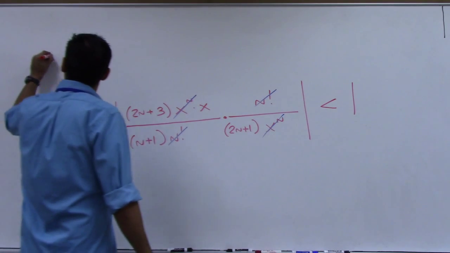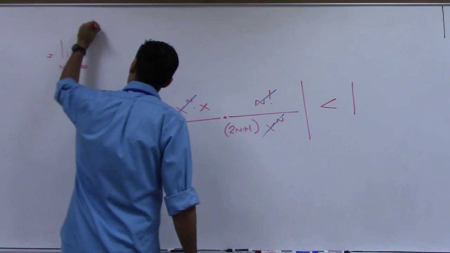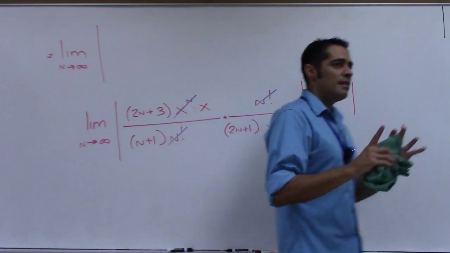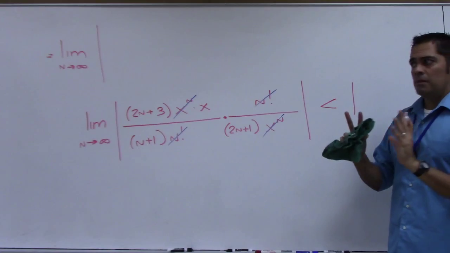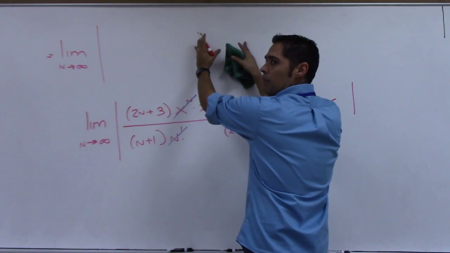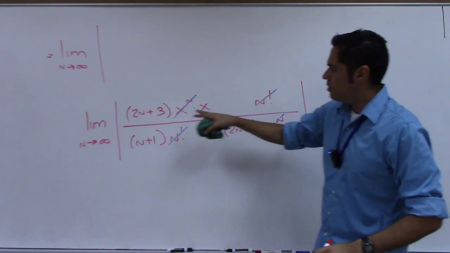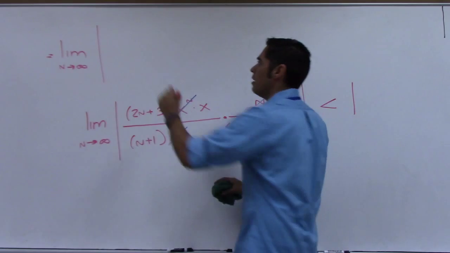All right, so this equals the limit. Now please pay attention and follow what I'm about to do. I'm going to get everything that has n together right here and anything that has x over here. I'm going to separate the two. On the top, I have a 2n plus 3, right? So I'm going to put that right here.